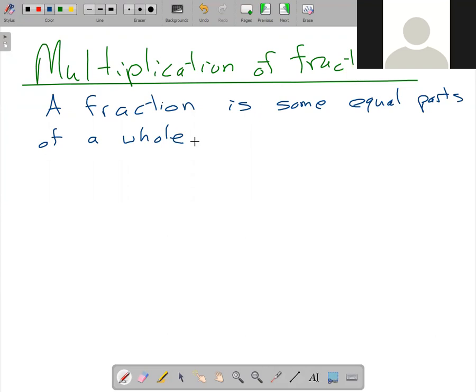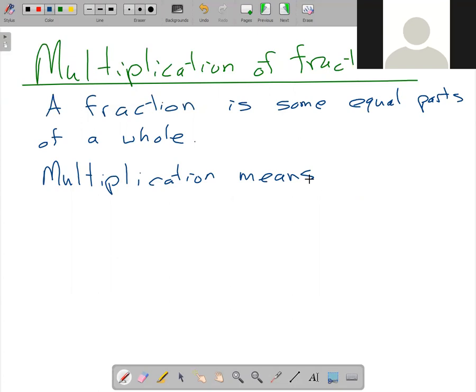Now I need you to think back to last quarter when we had different physical models for what it meant to multiply whole numbers. And we want to see if we can apply any of those models here. So what did we take multiplication to mean? So if I write 2 times 3 and some kid has never seen that before, how would I explain that to a kid?